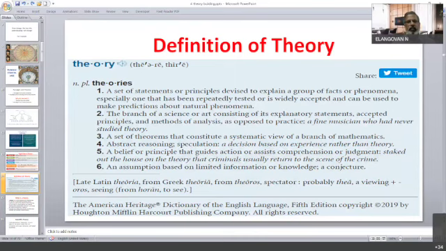Especially one that has been repeatedly tested and is widely accepted and can be used to make predictions about natural phenomena. This theory is called by different names in different streams of our subject. In mathematics, we may call it a theorem. A theorem and a theory have the same usage or understanding.